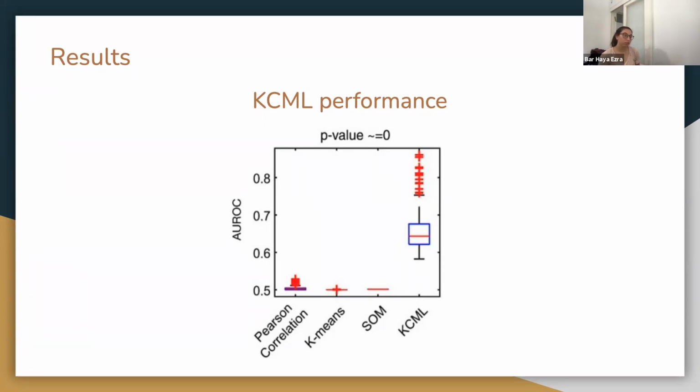But from what we understood, yes, they clustered the different signatures with the positive genes and the negative genes, like the random genes, and then they tried to classify the new gene to where it goes. And with K-means, the self-organizing map and the Pearson correlation, they saw that it just classifies randomly, because when you get an AUC of 0.5, then it's basically random classification.